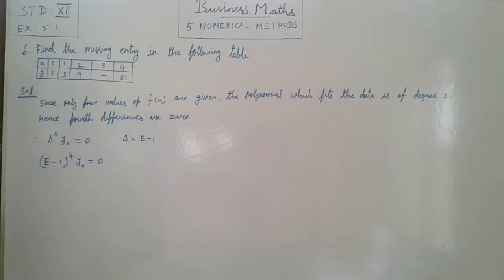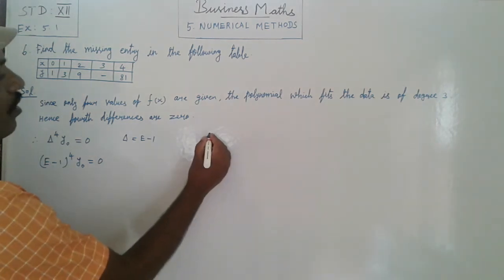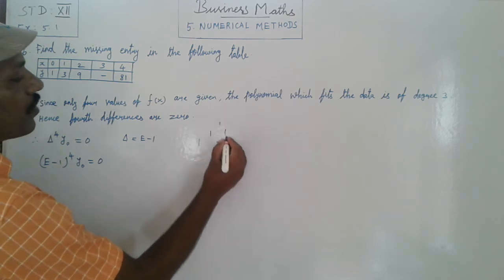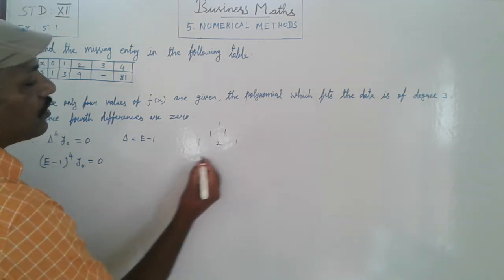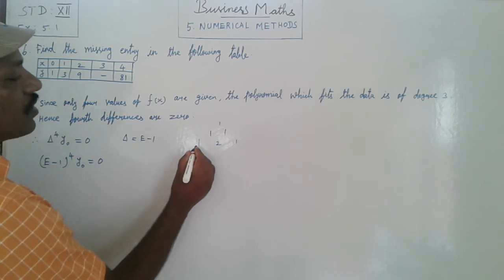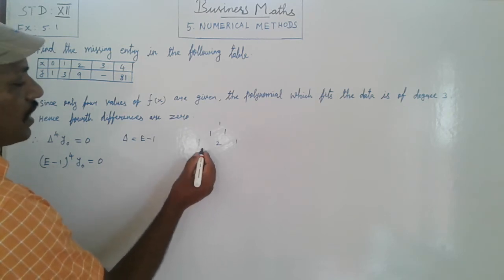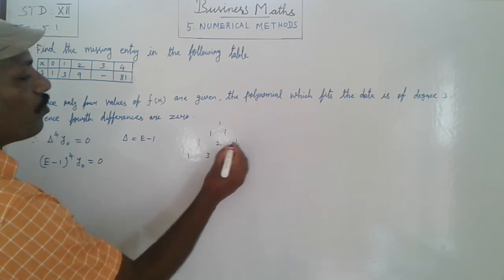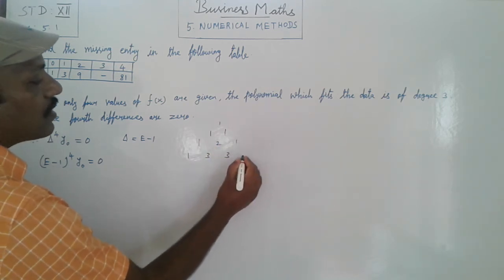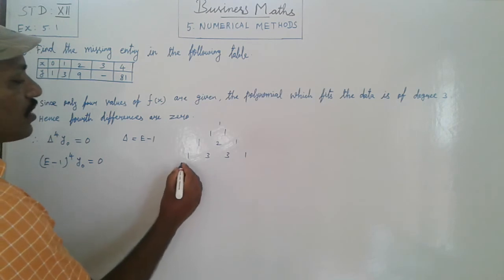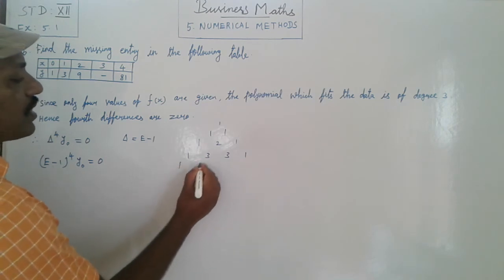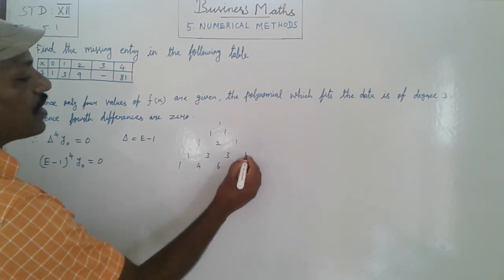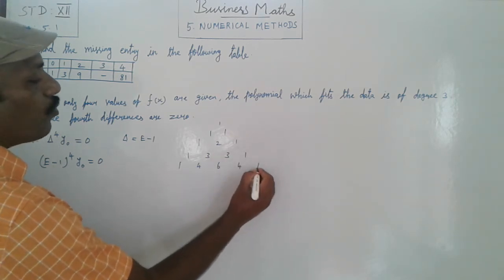We know the Pascal triangle: 1 plus 1 is 2. Next 1. This is the first one, the second one whole square, then the next whole cube. Then 1 plus 2 is 3, 2 plus 1 is 3, and the last one is 1. For the fourth term, 1 plus 3 is 4, 3 plus 3 is 6, 3 plus 1 is 4, next 1.